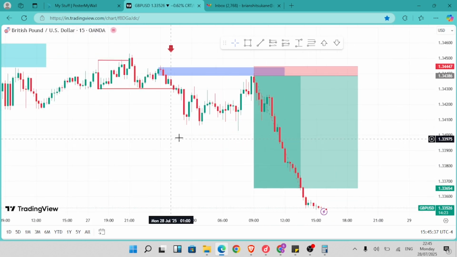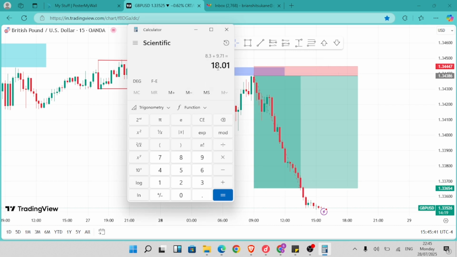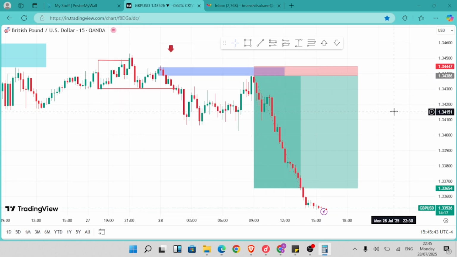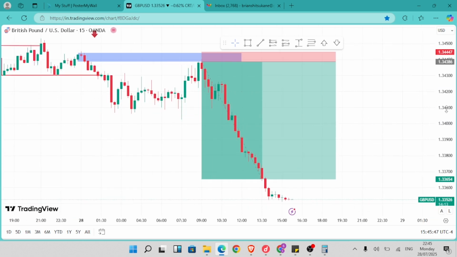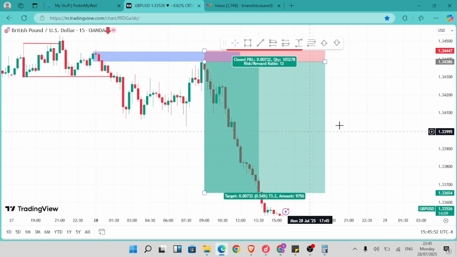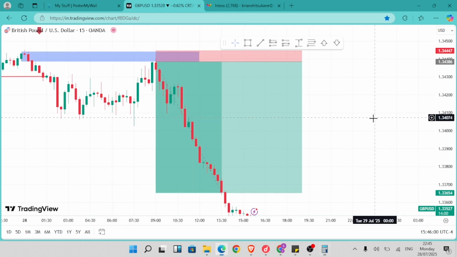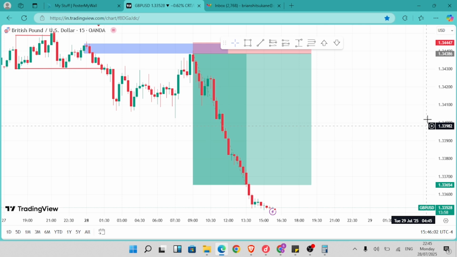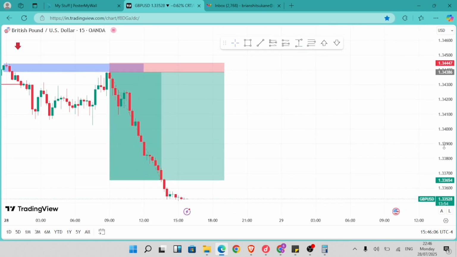This is the one we missed out on, but if we had taken these first two, we already have an 18.01% growth if you're risking 1% on your account. If you had taken this one, which was really good, plus 12, you would have had 30.01% growth if you are risking 1% on your account.